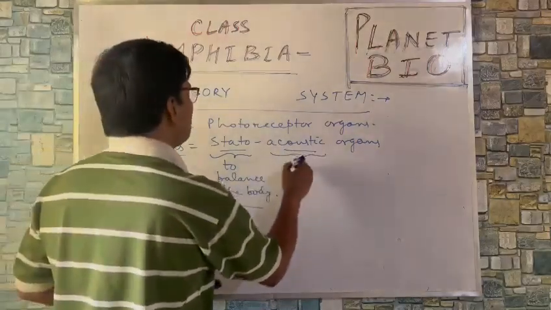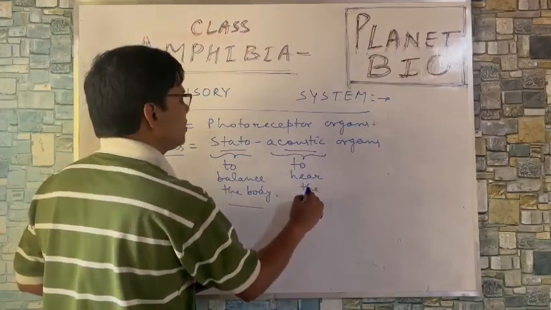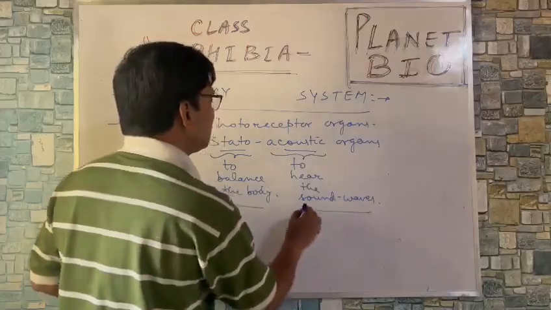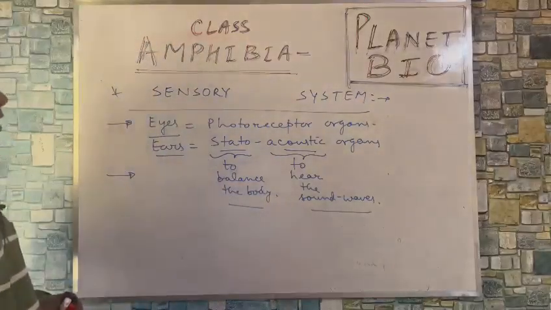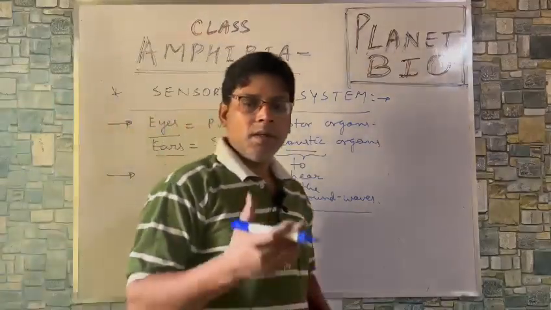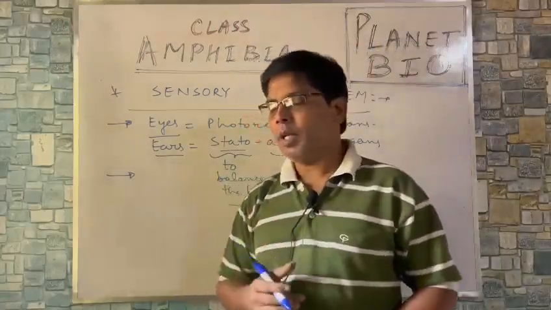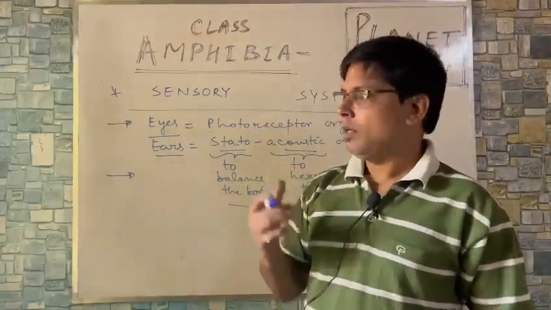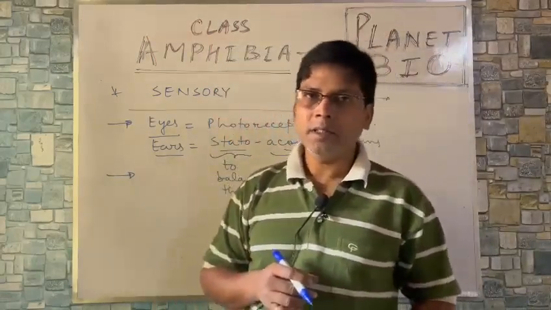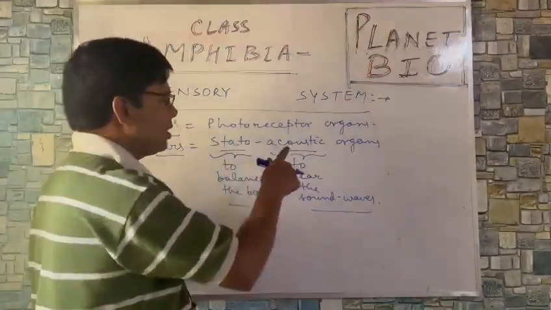And acoustic means to hear the sounds, to hear the sound waves. Generally, the ear is divisible into 3 parts: external, middle and internal. Here there is no external ear like we have. And the tympanum, that is the eardrum, is the outermost part.